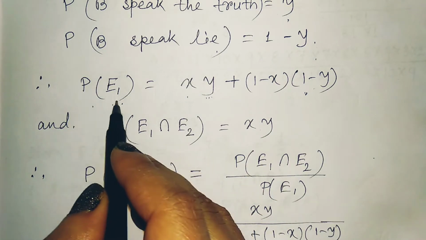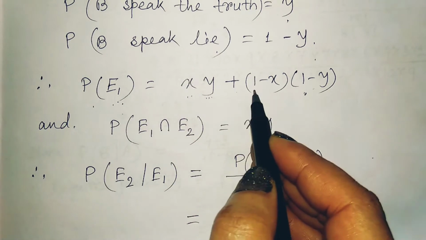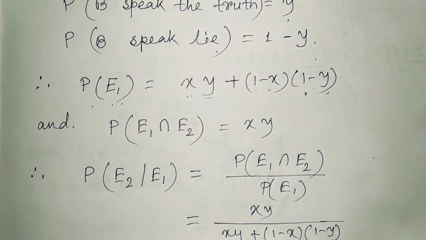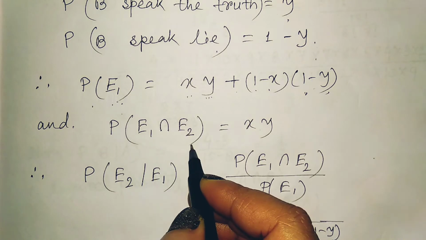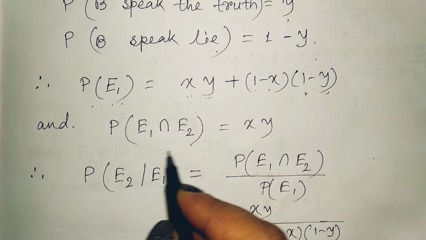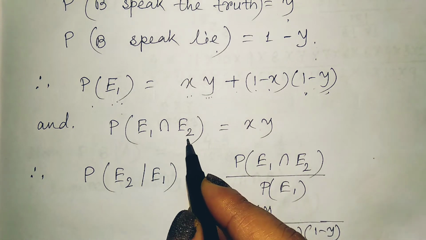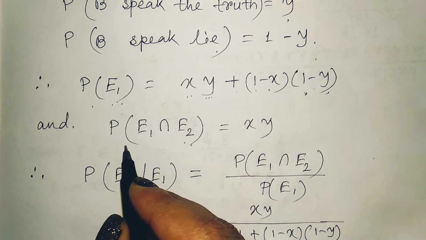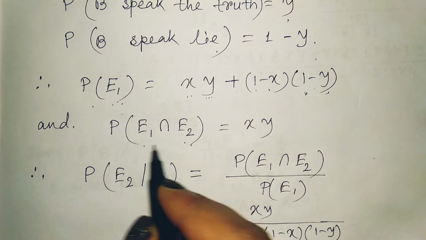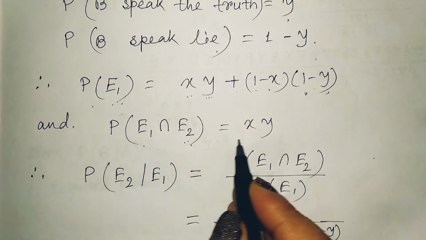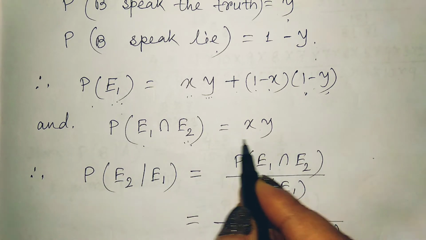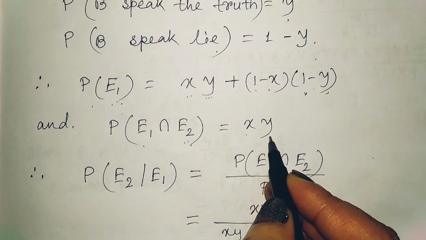So the probability of E1 is xy plus (1 minus x) into (1 minus y). And the probability of E1 intersection E2: E2 is what? They both agree in the statement and their statement is correct. The common thing is their statement is correct, and its probability is obviously x into y.